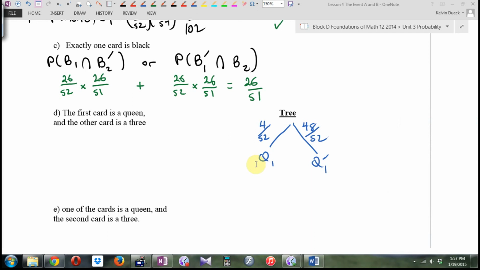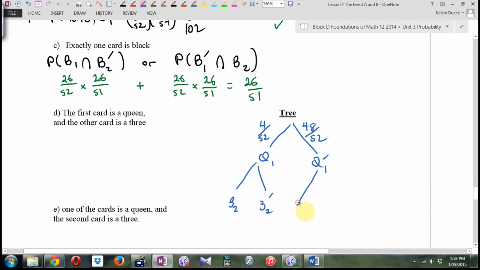So then a lot of students will go, okay, 3 on the second, not 3 on the second. And they'll say, how many 3s are there in the deck? And they'll say, oh. And then they'll say, okay, that's the answer. Oh, and then they'll say, how many 3s are there in the deck?